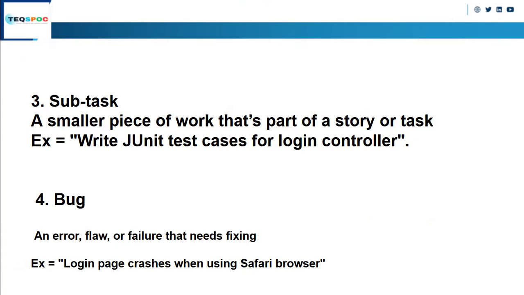These defects and failures we have to report to a developer. So this defect is nothing but a bug, which will be reported to the developer or linked to the respective user story, and then the developer will work upon this bug.